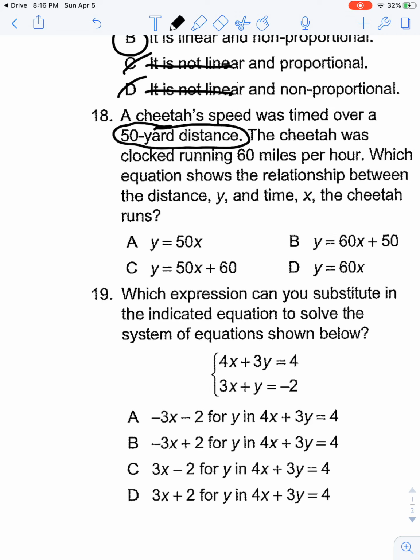What we do need is 60. 60 is our rate, right? It's our miles per hour. So our m is going to equal 60. Looking through the options here, we're going to cross out A and C, and let's look at B and D more closely.